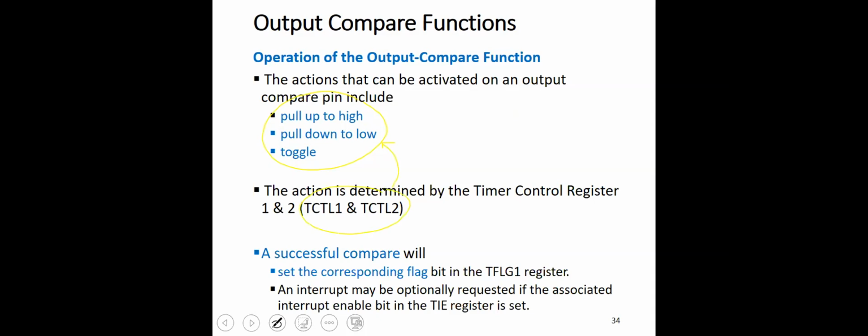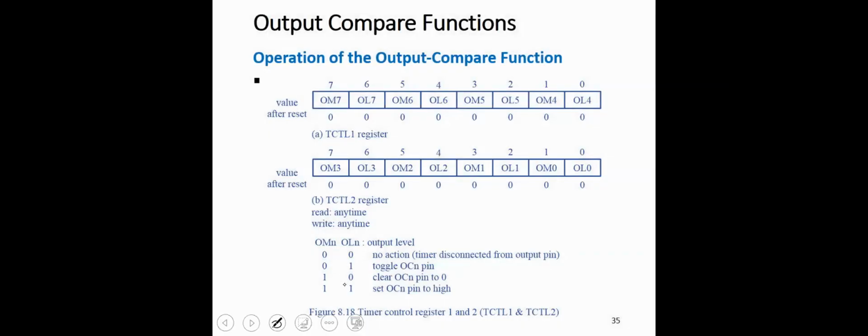You can specify whether to pull it high, pull it low, or to toggle. When the compare is successful, in other words when the timer equals the set value, the corresponding flag of the output compare channel is set in this register, which are the same flags as for the input capture, and we can enable the interrupt for this event to interrupt the microcontroller.